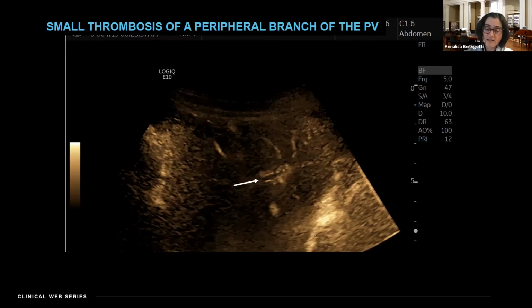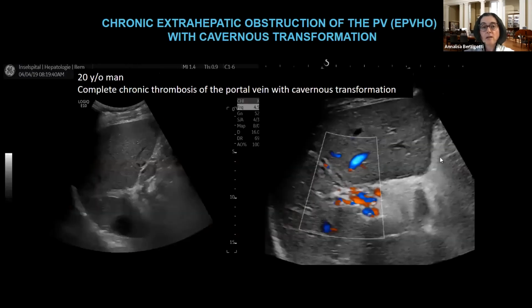You can also observe that the signal of the artery coming around the portal vein is increased. So this was a peripheral thrombosis, which I think we would have missed without this technique, and that was confirmed on CT scan.